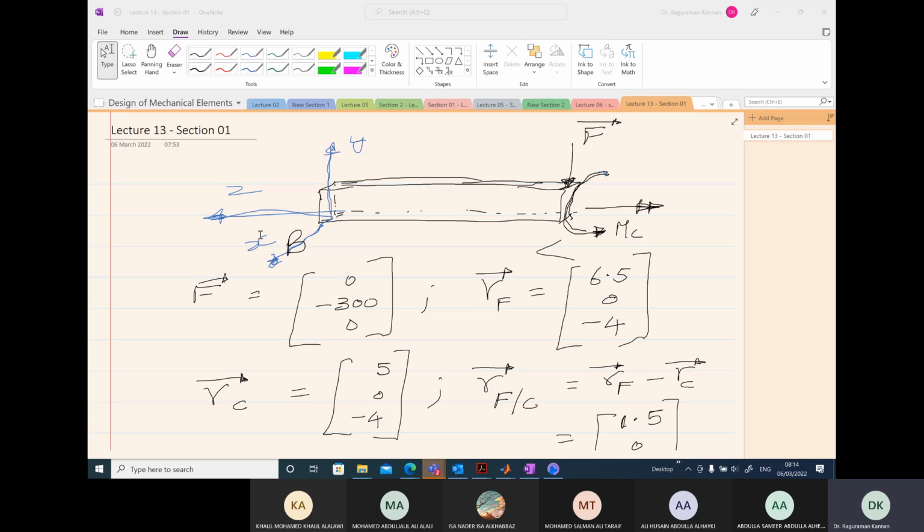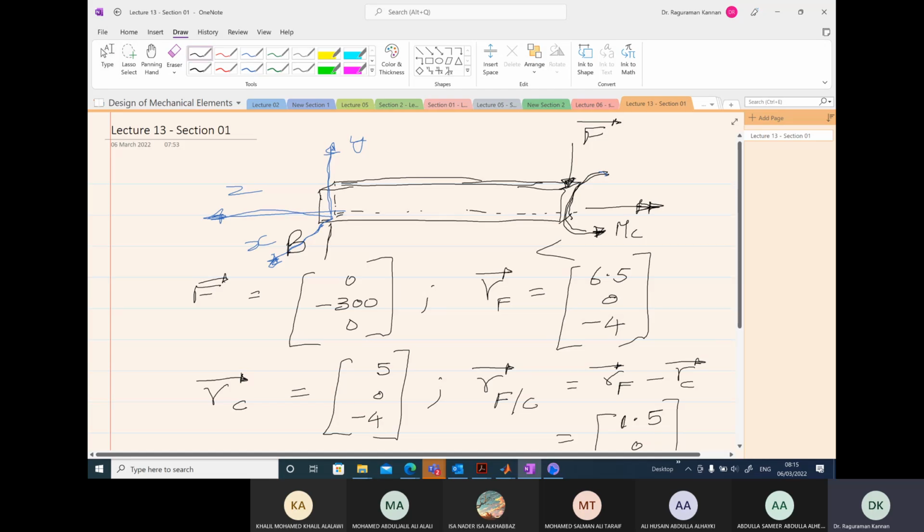Reaction forces here at the point B. But since we have only the torque here, there is a torque reaction, and since we have only this vertical force, there is a reaction in the vertical direction.